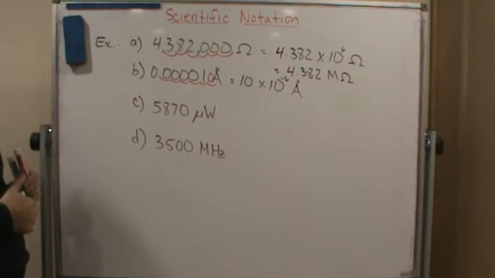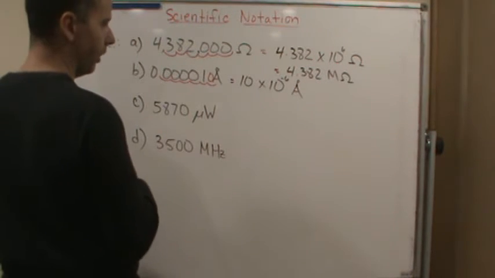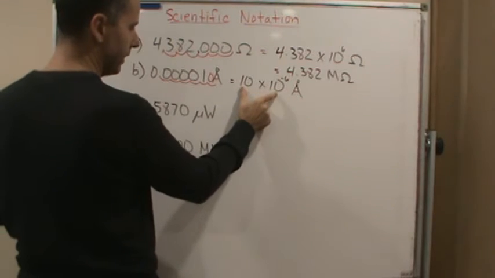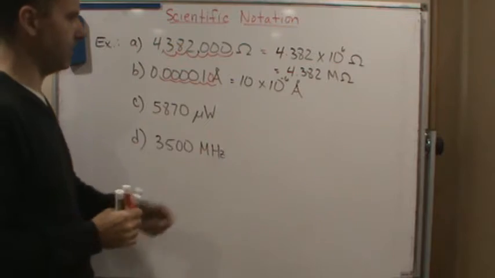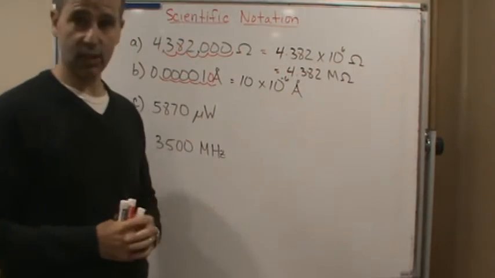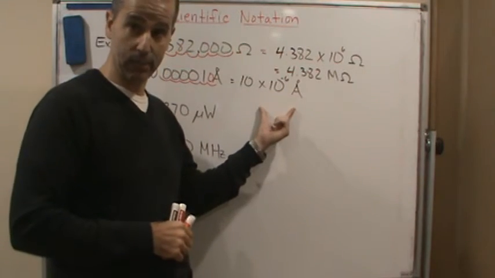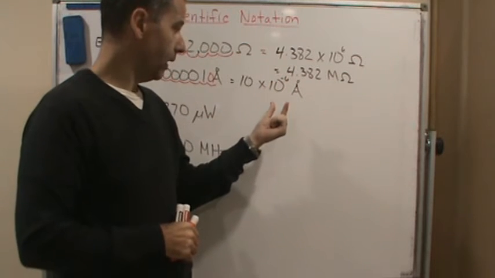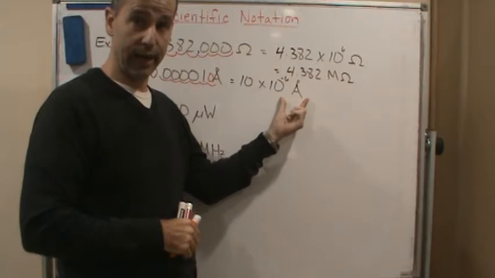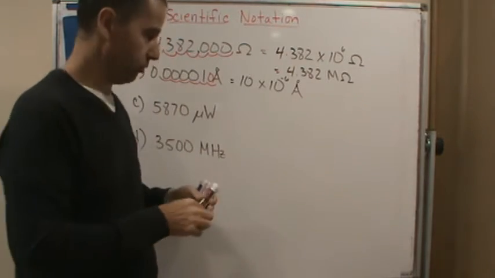All I did was rewrite it. All I did was take this and rewrite it this way. The units are still the same. But now I've got 10 to the negative 6th power, which means I'm dividing by a million. So this is 1/1,000,000th. So what's 1/1,000,000th of an angstrom? A micro angstrom.